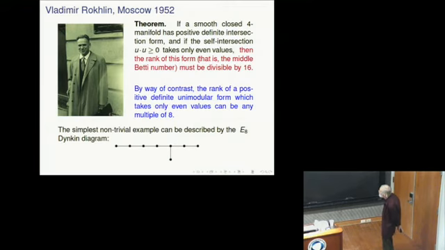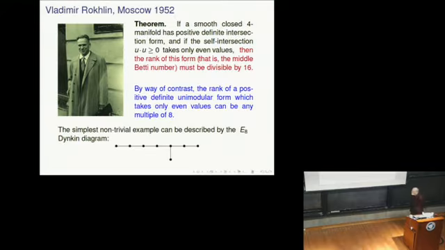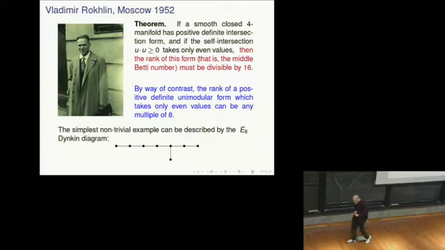So let's see, I don't know whether I said this right before, but if you just look at the algebra, you can get anything which is a multiple of 8. The simplest example is given by this E8 Dynkin diagram, where each dot stands for a basis vector with self-intersection number 2, and each edge stands for saying that the inner product of the two basis vectors is 1.